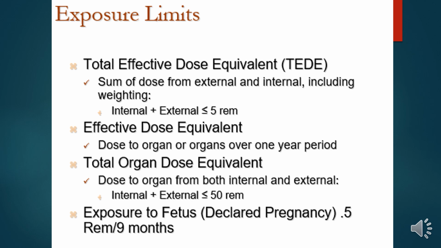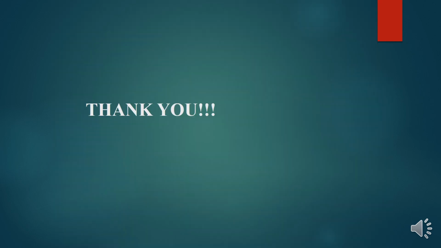Rem is nothing but the unit used to measure the amount of radiation. So effective dose equivalent is the dose to organ or organs over a 1 year period. Then total organ dose equivalent is also given, which must be less than 50 rem. And exposure to a fetus during pregnancy is 0.5 rem in 9 months. It should not exceed more.